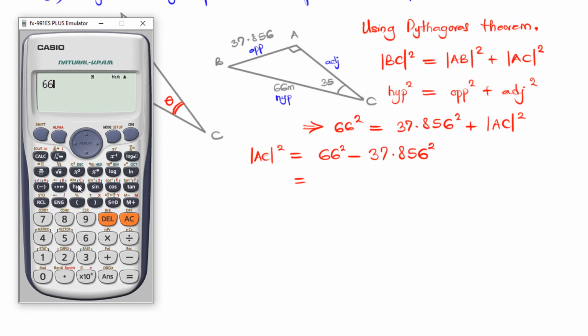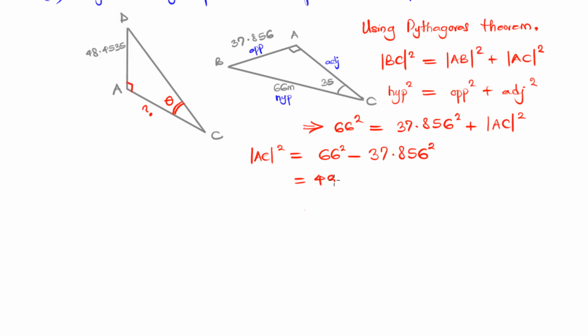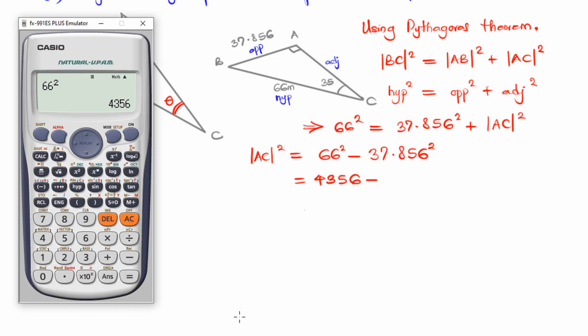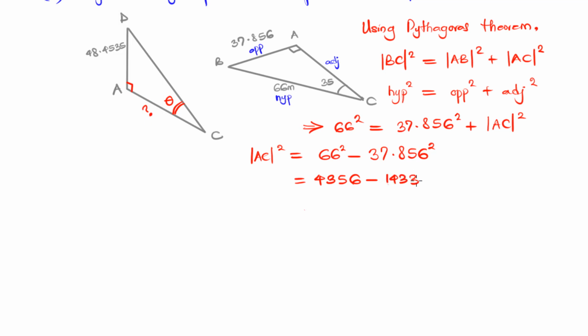Now 66 square is 4356, minus 37.856 square, which is 1433.0767.